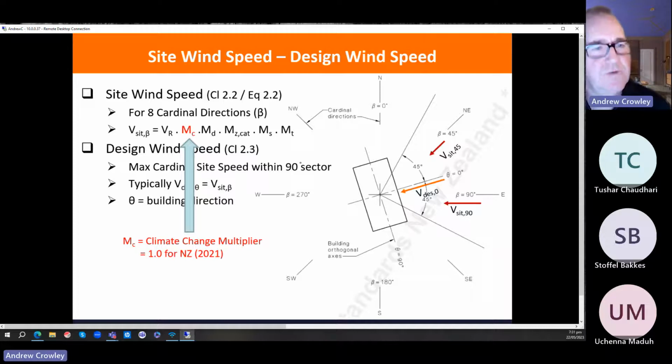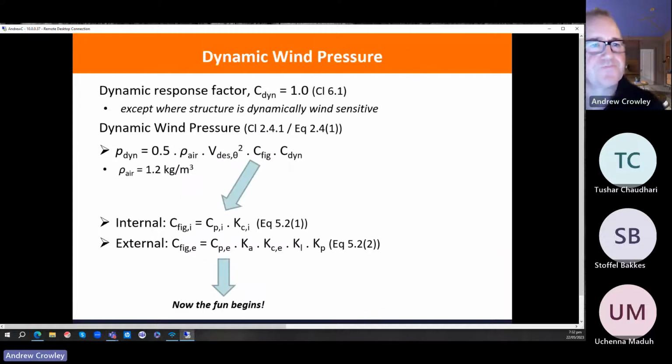Now, for the 2021 edition, they've added another factor, the MC, and this is for climate change. At the moment, for New Zealand, the MC is set to 1. The code predominantly is looking at non-sensitive structures. So CDIN is normally set to 1. There is an equation and some factors within the appendix of 1170 Part 2 to show how you derive the CDIN factor.